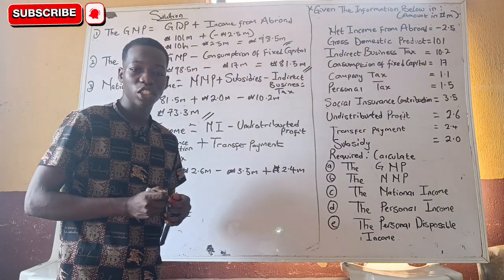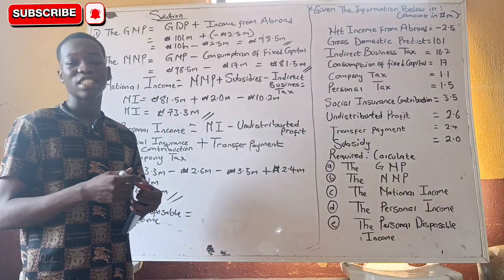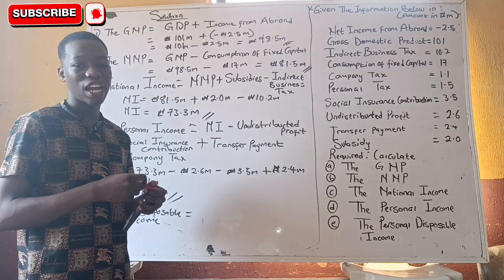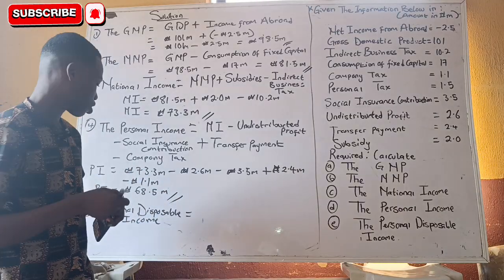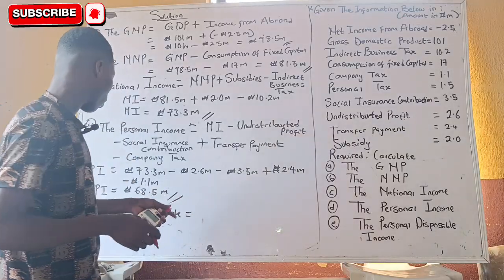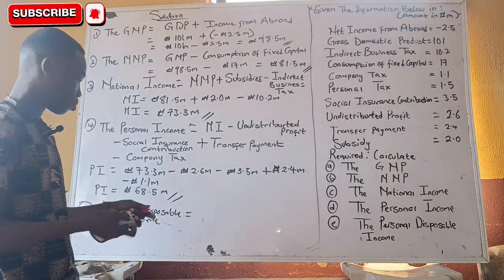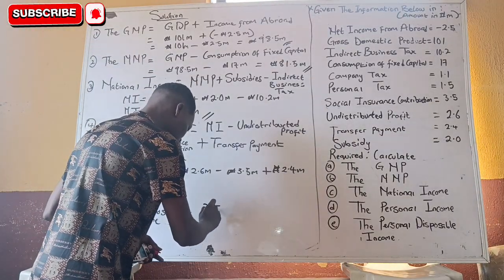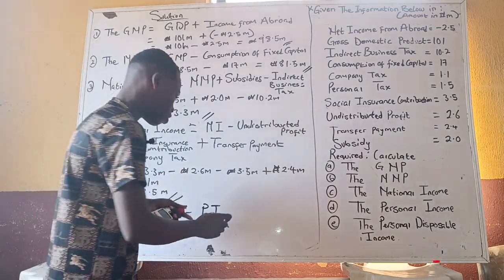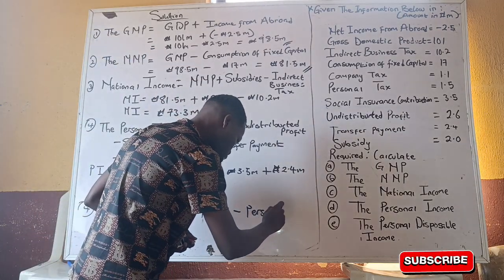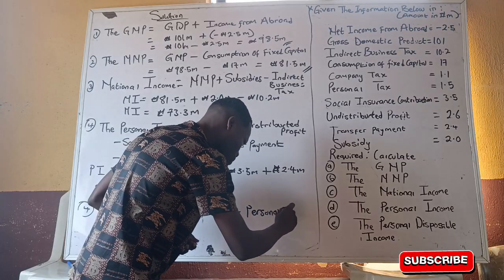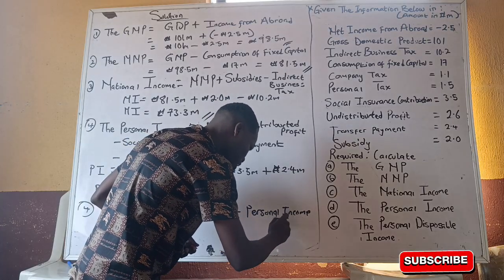When we talk about disposable income, this is income that is left for an individual to spend and save after the deduction of personal income tax. So what you just need to do is to look for our personal income. So it simply means that our personal income minus personal income tax.